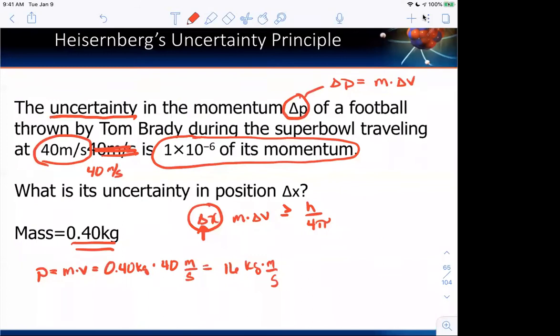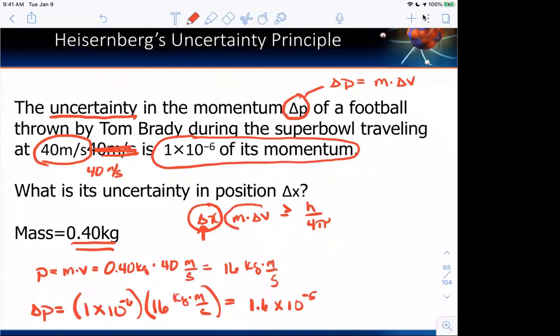So that's my P. My delta P is going to equal 1 times 10 to the minus 6 times my P, which is 16 kilogram meter over second. So this is my delta P. I have that value times 10 to the minus 6, and I get 1.6 times 10 to the minus 5th. Remember, this whole thing is my delta P.